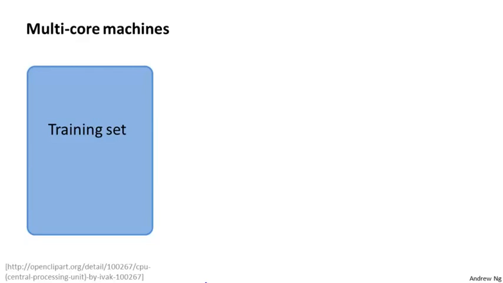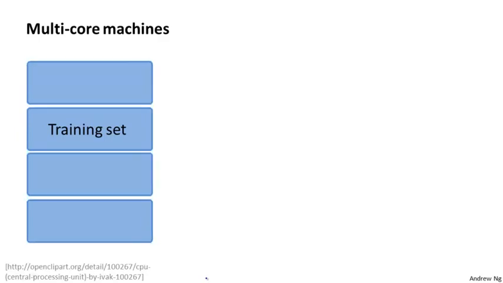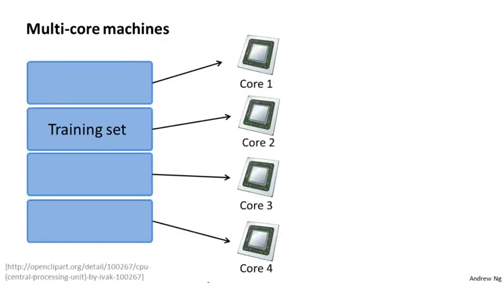You can have multiple CPUs, and within each CPU, you can have multiple cores. And so if you have a large training set, and say you have a computer with 4 computing cores, even on a single computer you can split the training set into multiple pieces and send the training set to different cores within a single box, like within a single desktop computer, within a single server, and use MapReduce this way to divvy up the workload.